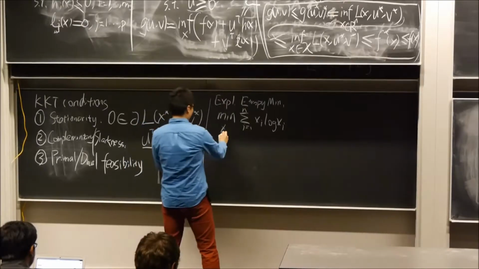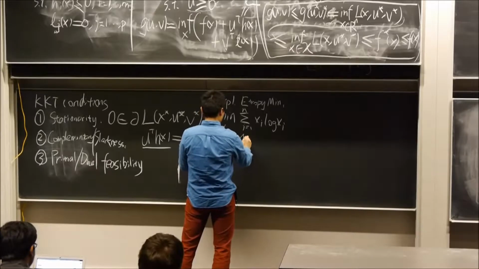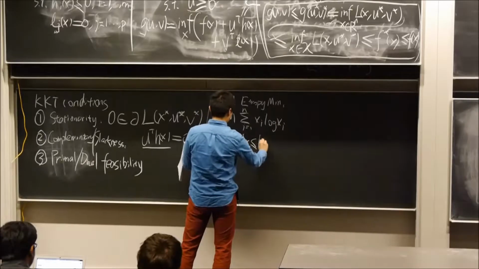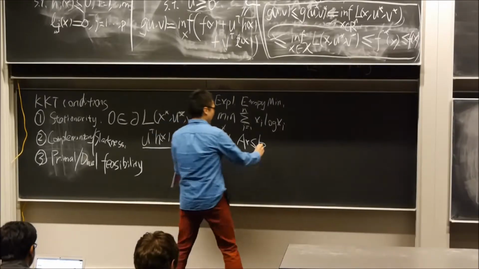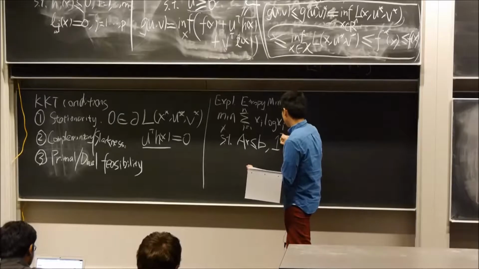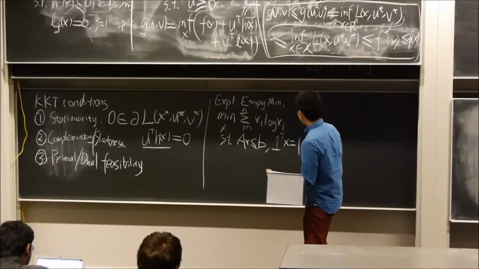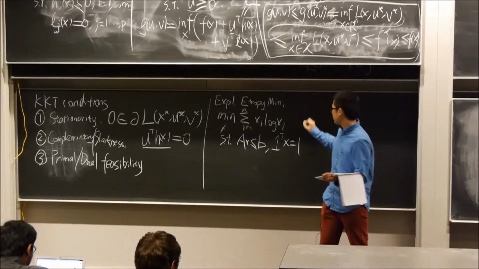I'll leave you to verify that this is actually a convex function, and we make it more complicated by adding an inequality constraint and also an affine equality constraint that makes the sum of x equal to 1.